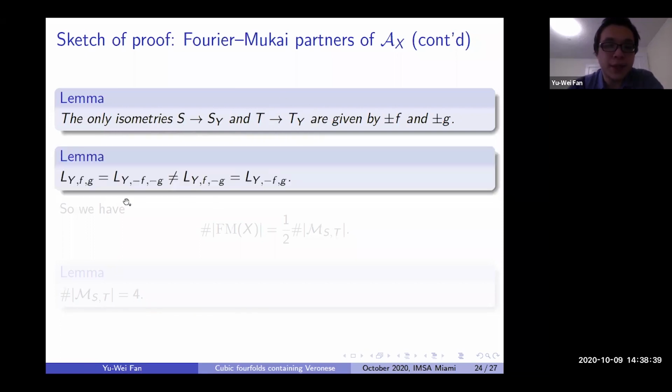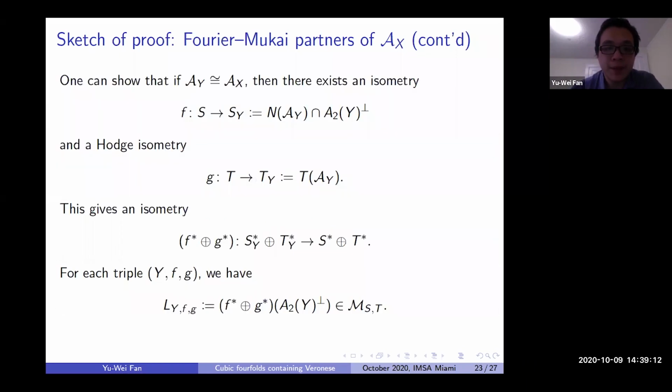And you can show that if we have the same Fourier-Mukai partner and we look at these 4 possible combinations, then 2 of them will give the same element in MST. So every Fourier-Mukai partner will induce 2 elements in MST. Also this assignment cannot overlap because they are the image of this A2Y perp.